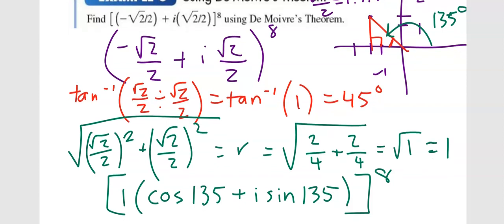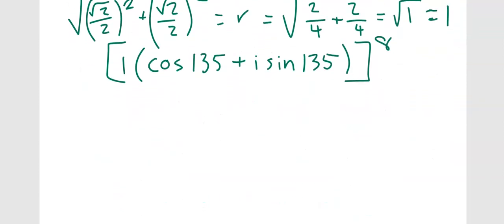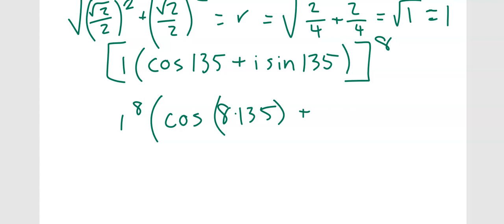That's why this is useful, changing it to its polar form. And then DeMoivre's theorem allows me to take the radius and raise it to the 8th power times the cosine of 8 times 135, plus i sine 8 times 135.